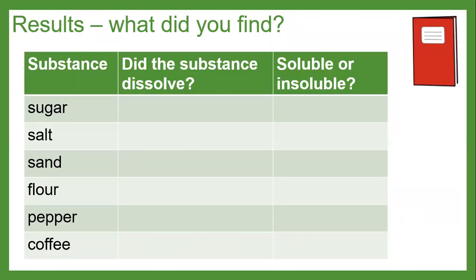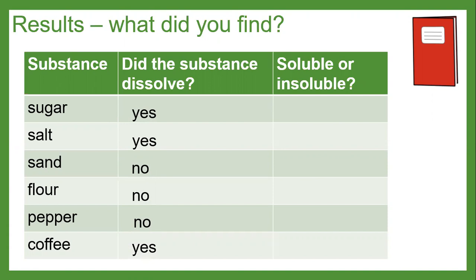Right, Year 5, how did you get on? So we're going to have a look at results. What did you find out? Sugar. Did it dissolve? Yes. Salt, dissolved. Sand, no. Flour, no. Pepper, no. And coffee, yes.